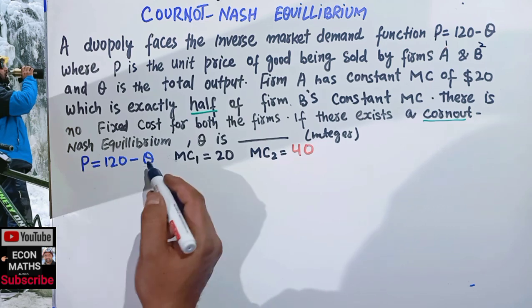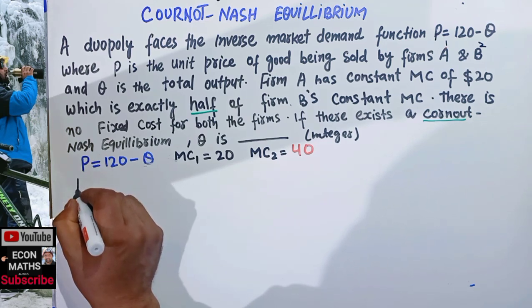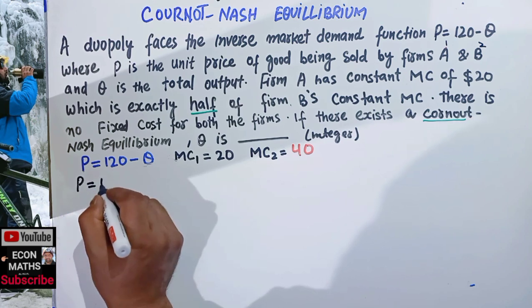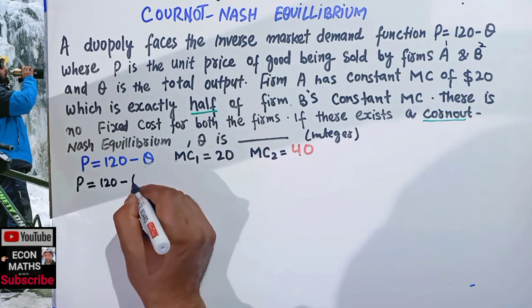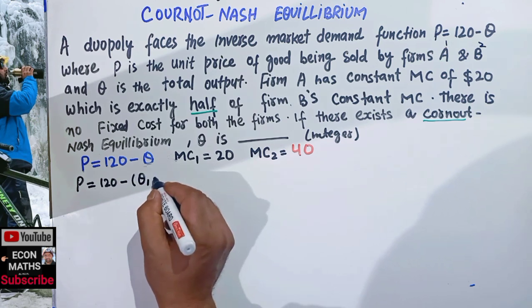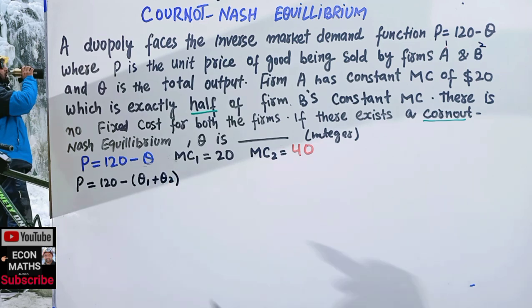Given this inverse demand function, Q denotes the total output. Let us rewrite it: P will be equal to 120 minus, since Q is the total output, Q1, the output of firm 1, plus Q2, the output of firm 2. That means Q1 plus Q2 will add up to Q.